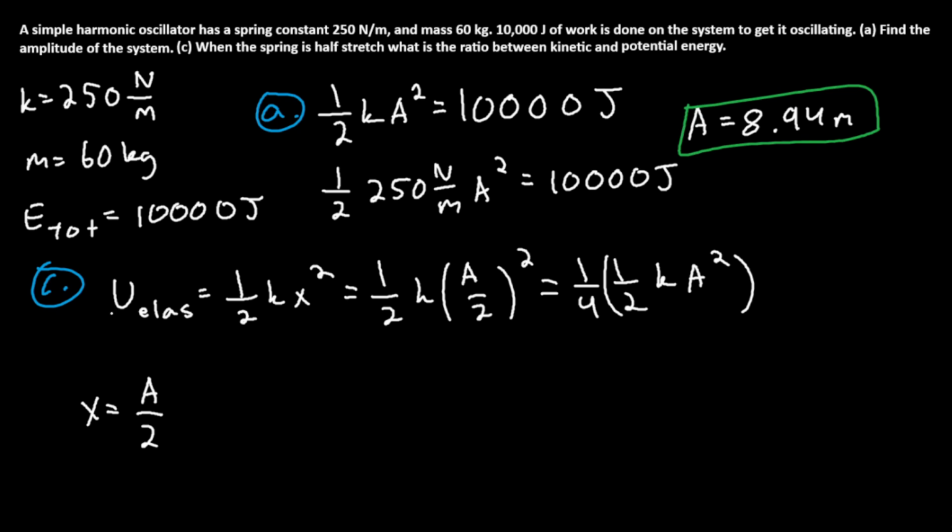So that means that U elastic, or potential energy, in this case, assuming there's no gravity working right now, U is equal to 1/4 times the total energy. So if your potential energy is equal to 1/4 your total energy, that means your kinetic energy is equal to 3/4 your total energy.